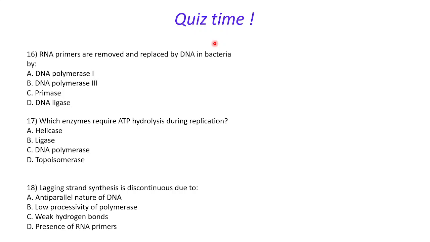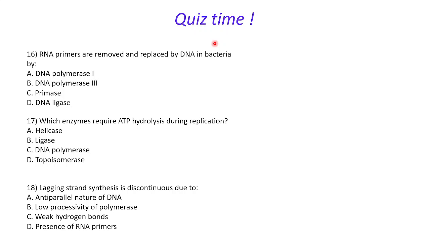A, yes, DNA polymerase 1 removes the RNA primers using its 5' to 3' exonuclease activity and fills up the gap with the nucleotides over there. Yes. So A is correct.